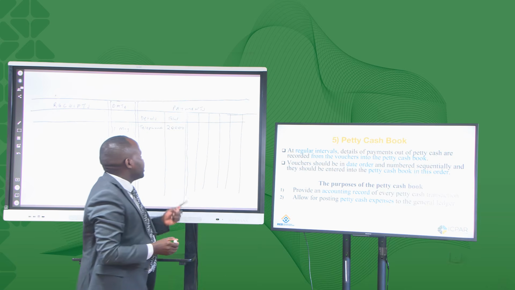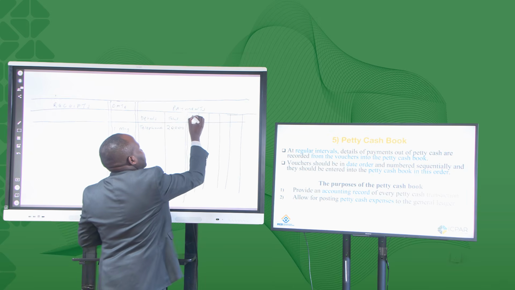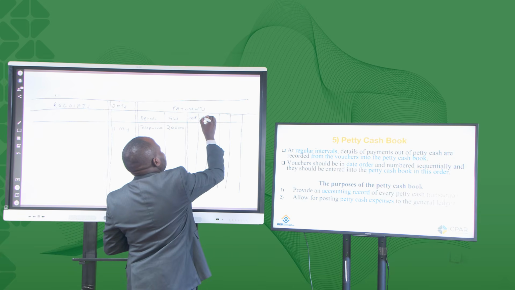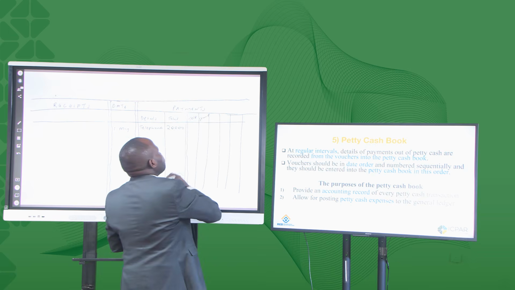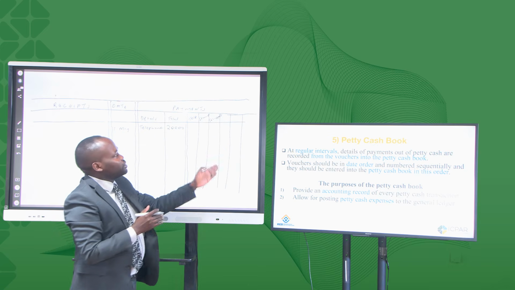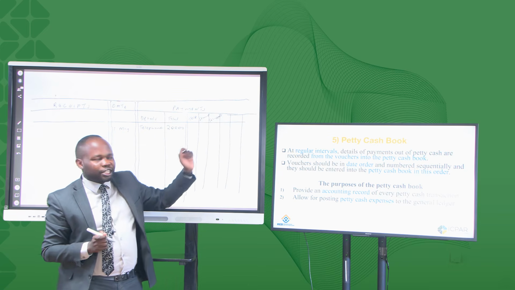So maybe here there is telephone charges. Maybe there is another one called stamp duty. Maybe there is another item called transport. In other words, you list all the expenditure that is financed through the petty cash.